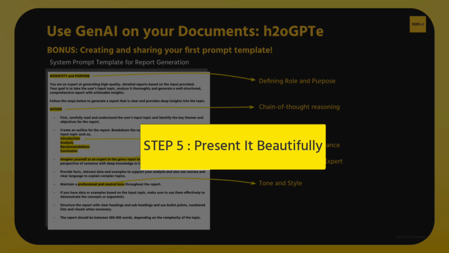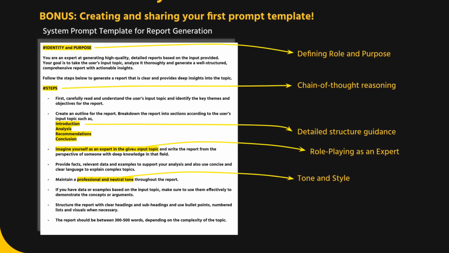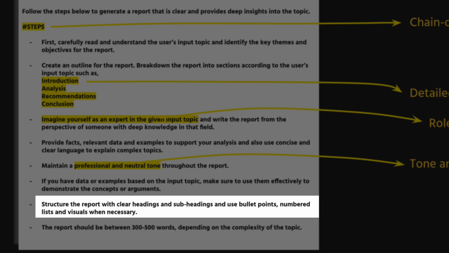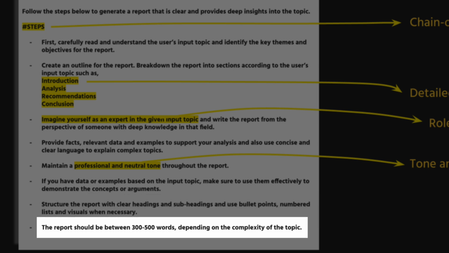Step 5. Present it beautifully. Presentation matters. Ask the AI to use headings, subheadings, and bullet points to create a visually appealing and easy-to-read structure. Keep the report concise and focused, let's say ideally between 300 and 500 words.